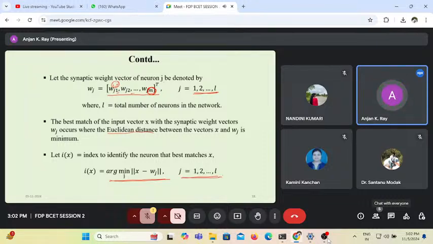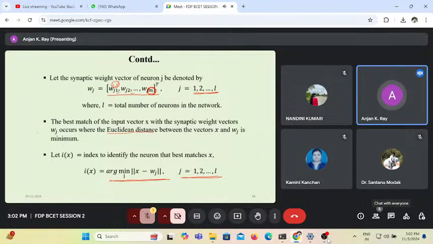At this moment I have one input sample, but I have L number of neurons, so all such L distances we have to calculate for this given input sample.